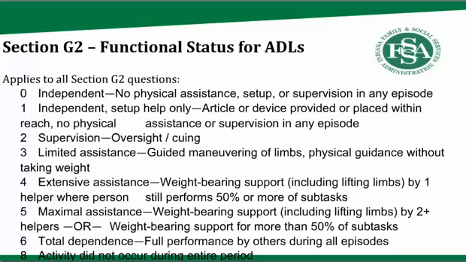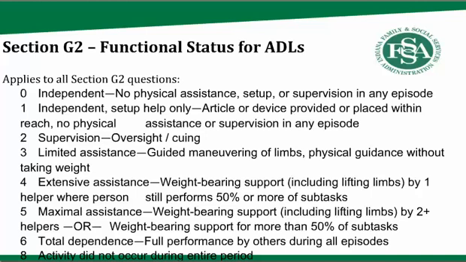For this one here, weight bearing support, and it includes lifting of limbs by one person, where the person still performs at least 50% of the task. So maybe they need help lifting their arms to get into the shirt, but once their arms are in the sleeves of the shirt, they're able to button it up, they're able to tuck in their pants, those types of things. So that would be extensive assistance.